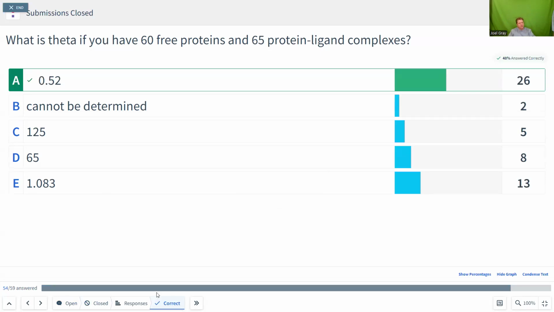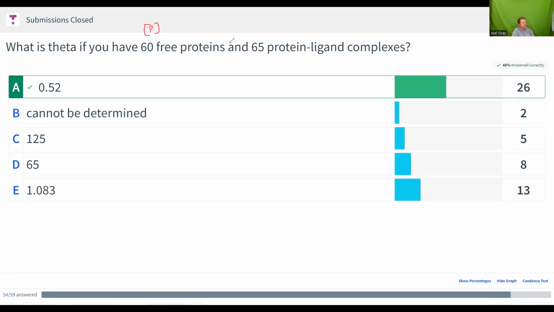0.52 is correct, because what we wanted to do here, this free protein is effectively P. This is PL. We had theta, which is what we're looking for, which kind of looks like, if you've ever watched South Park, Terrance and Phillip.